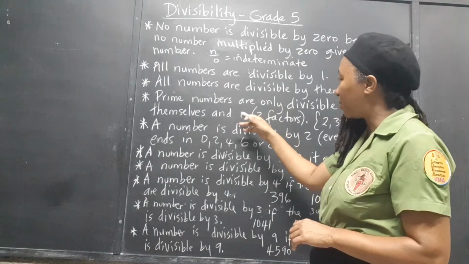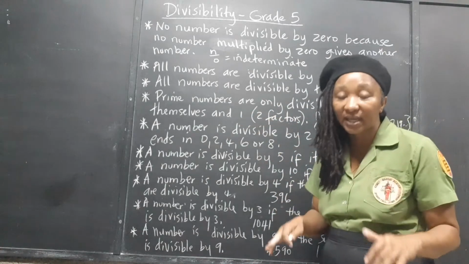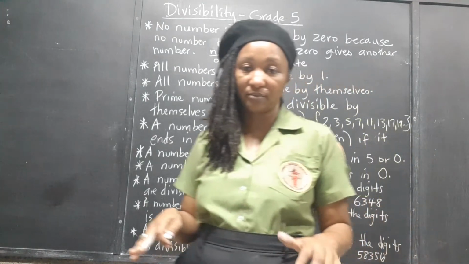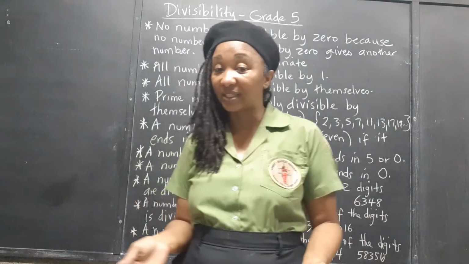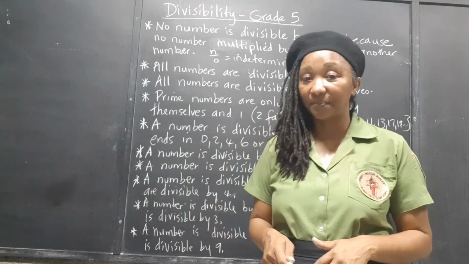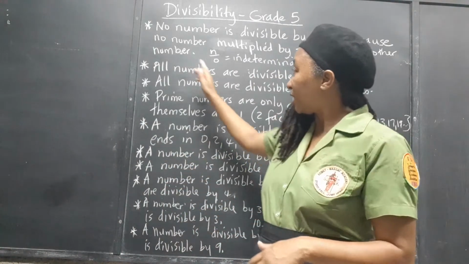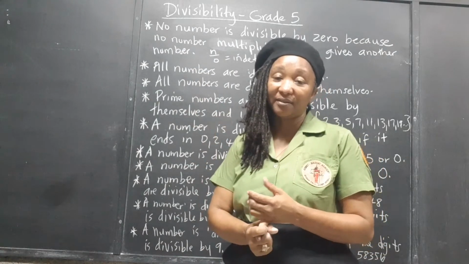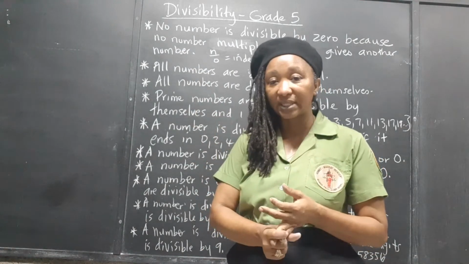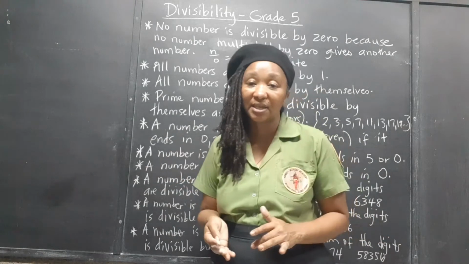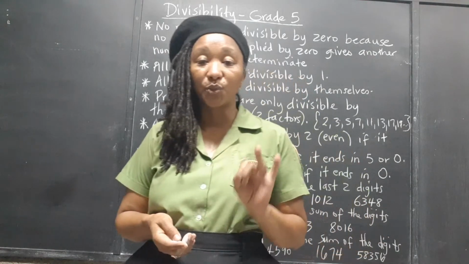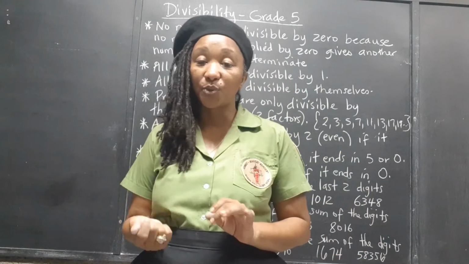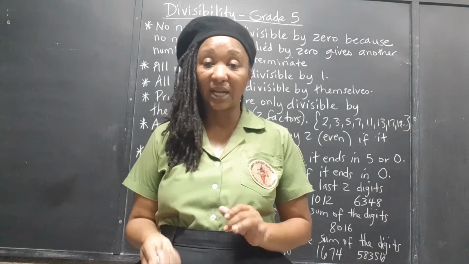The prime numbers are only divisible by themselves and 1. Nothing else can divide into them. So they follow these rules that all numbers will follow. They can go into themselves, and 1 can go into them, but nothing else. So prime numbers have only 2 factors. Only 2 numbers that divide into them exactly.